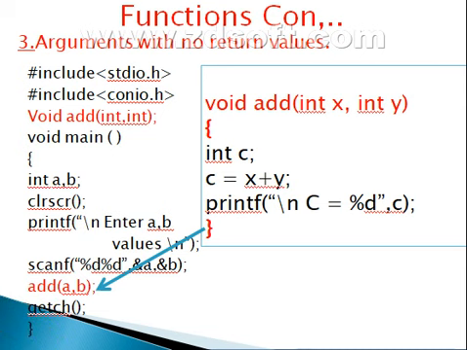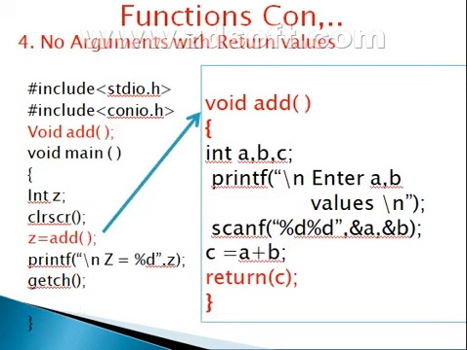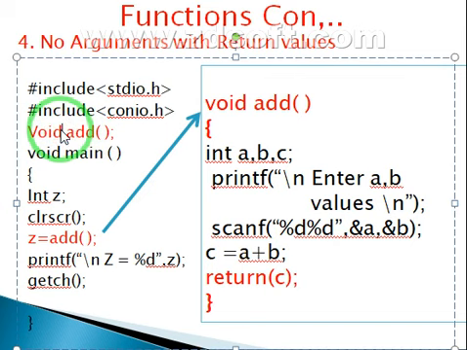Then the fourth way: return value should be there, but no argument. So instead of void add, here it is integer add, since a return value is there. So z equal to add(); but no argument means we are not sending any information.